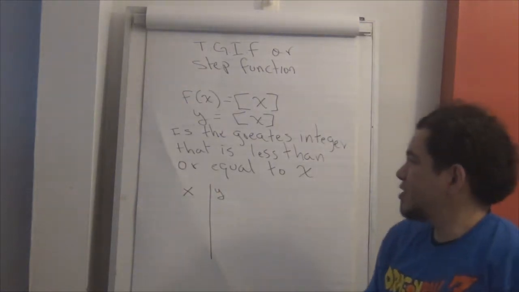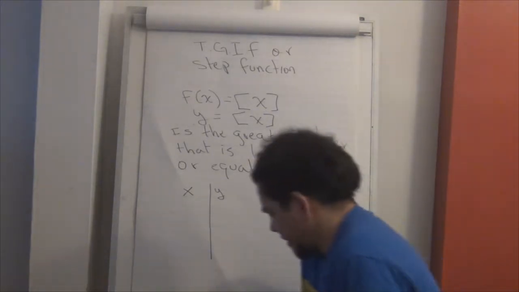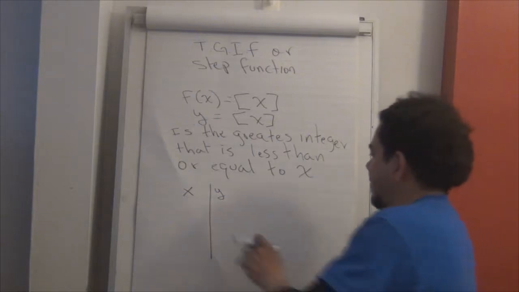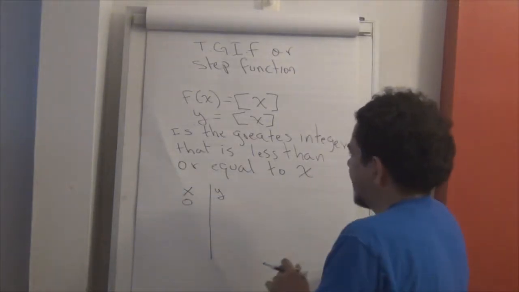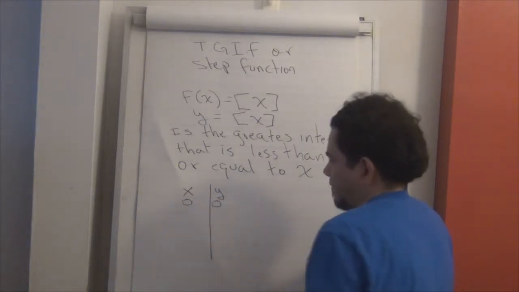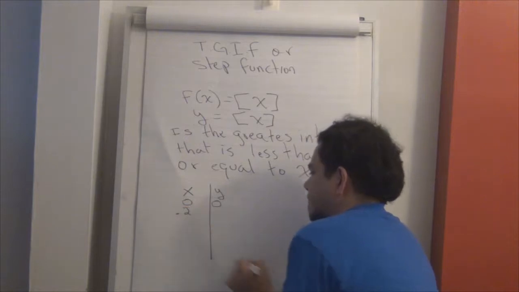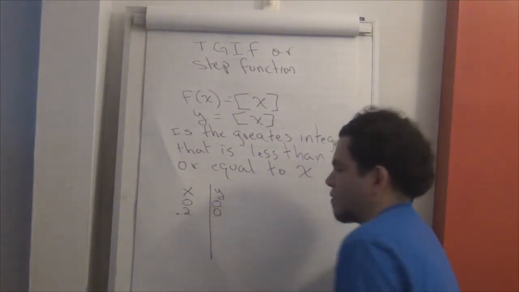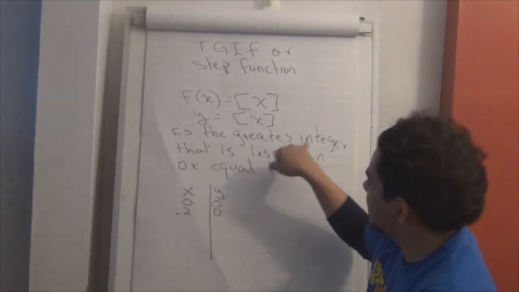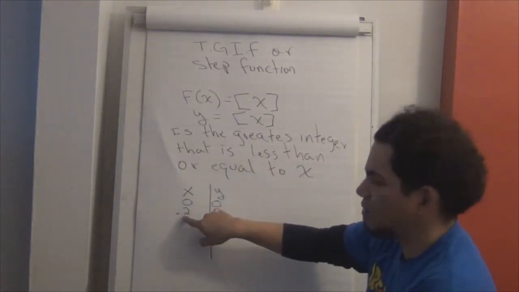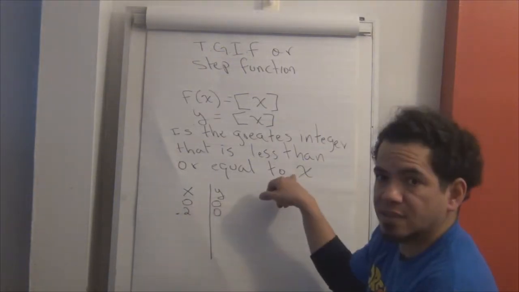So is the greatest integer that is less than or equal to x? Well, let's see. If x is 0 here, then y will be 0. If x is 0.2, y is 0. What is the greatest integer that is less than or equal to x?